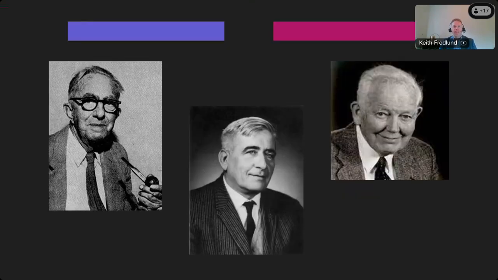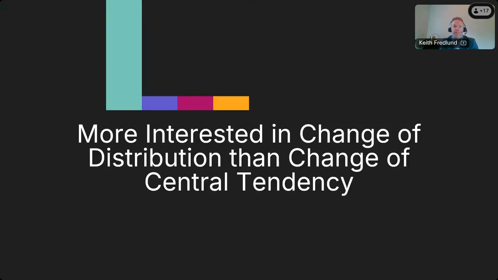A little less intense are these three, Frank Wilcoxon, Henry Mann, and Ransom Whitney. Together, they put together a test you're probably familiar with, the Wilcoxon-Mann-Whitney, that is, instead of a test of distribution, a test of central tendency that's often used in non-parametric situations. So why did I choose, once again, Kolmogorov-Smirnov over Mann-Whitney?